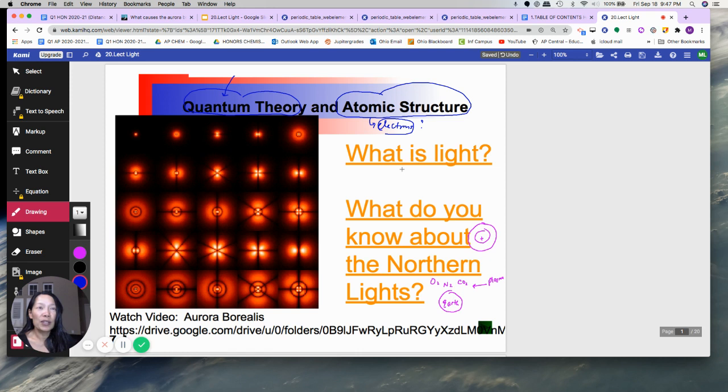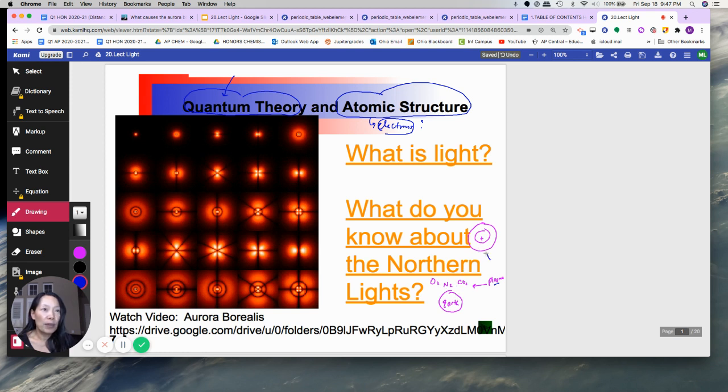And you guys were able to watch the Northern Lights and the videos about it, and you learned about it. It's basically when particles from the sun, or gaseous particles that have a lot of energy, called plasma, hit the molecules in our atmosphere like oxygen, nitrogen, and carbon dioxide.